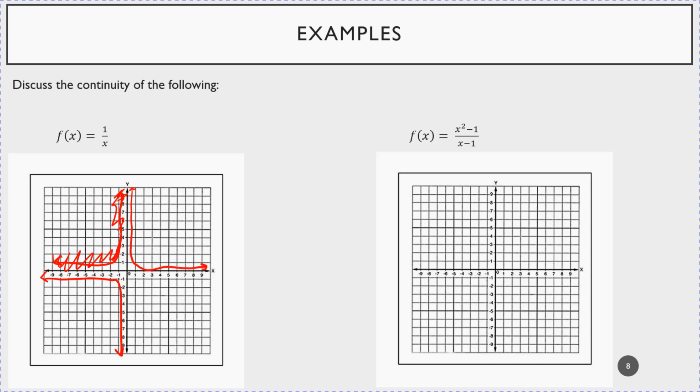Notice it has a vertical asymptote at x equals 0. There's no way I can redefine it to make it continuous. So here we have discontinuity at x equals 0, and in this case it's non-removable.